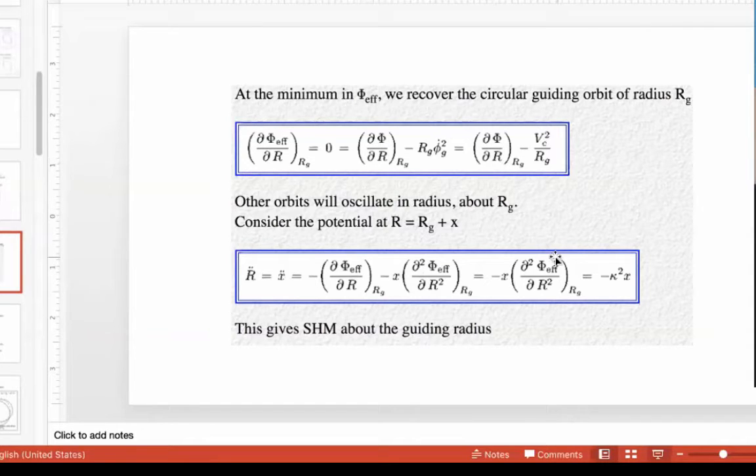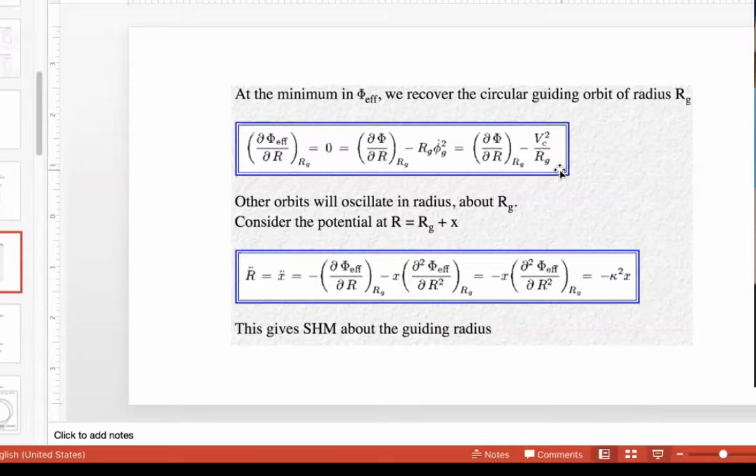It's in a rotating frame. In a rotating frame, you have this centrifugal barrier. X double dot is equal to minus x times the second derivative of this potential gradient. If you define that as the simple harmonic oscillation frequency squared, you get the formula for a simple harmonic oscillator. X double dot is equal to minus a constant squared times x.